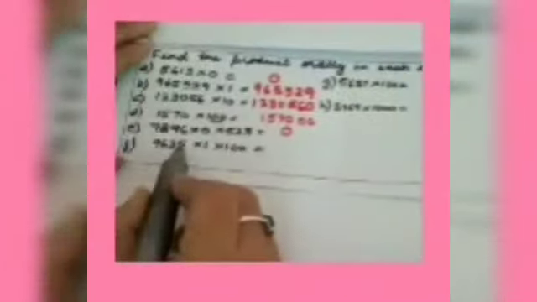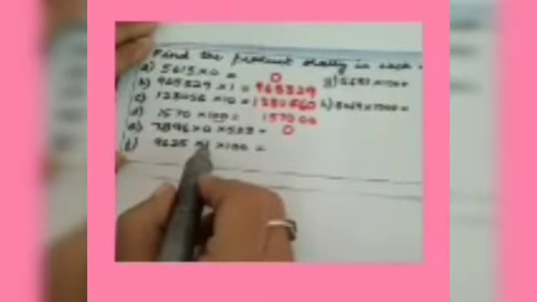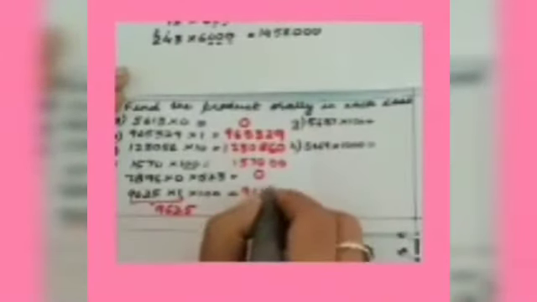So 9,625 multiplied by 1, according to property 3, is 9625. And then multiply by 100. First I will put the zeros and then I will multiply the non-zero part of the multiplier by the number, which will give me the same number. So the product is 962500.